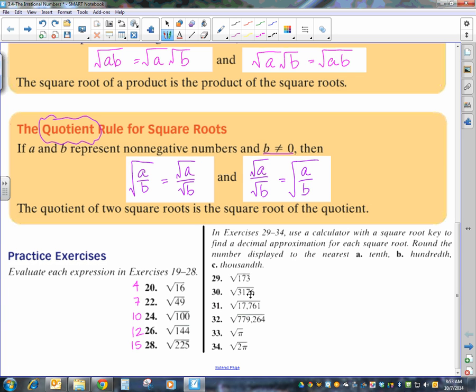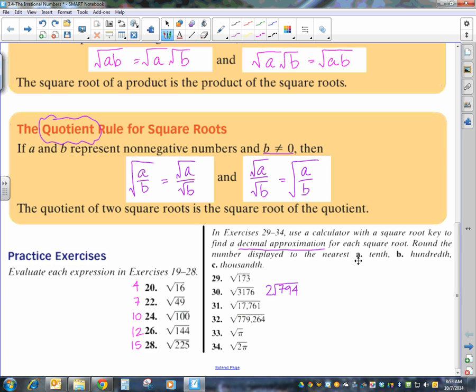So number 30, the square root of 3176. Keep in mind, some of y'all have a calculator that, when you put that in, is going to come back and say that that is equal to 2 square roots of 794. We're going to talk about that in a minute, but that's not what they asked for here. They asked for the decimal approximation, so you've got to find that button on your calculator that puts that into a decimal for you.